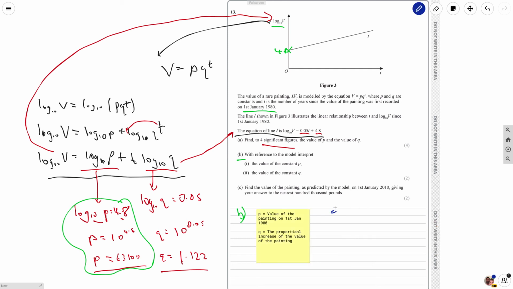Okay, and then finally part C, it says find the value of the painting as predicted by the model on the 1st of January 2010. So 2010 is 30 years after the initial value, so you would be plugging in a value of 30 here and coming up with a value for log 10 of V. So we put t equals 30 into this.